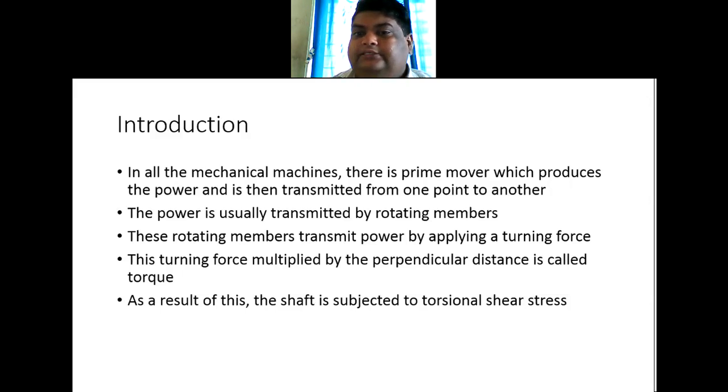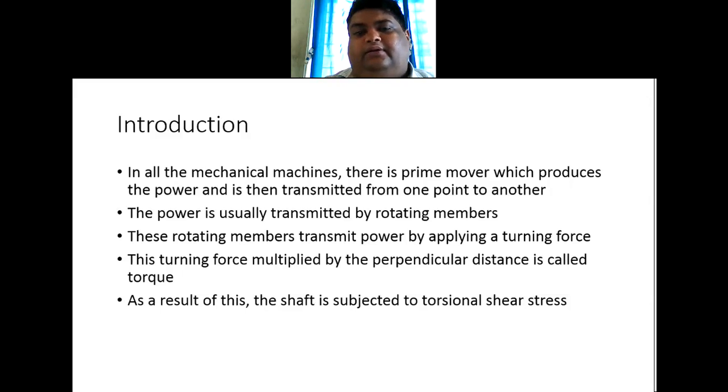Direct shear stress is, see, when you have a component and you apply a force which is normal to the cross section of the component, right? So the kind of stresses that are produced there are called direct shear stress, because the force is trying to directly shear the component, right?